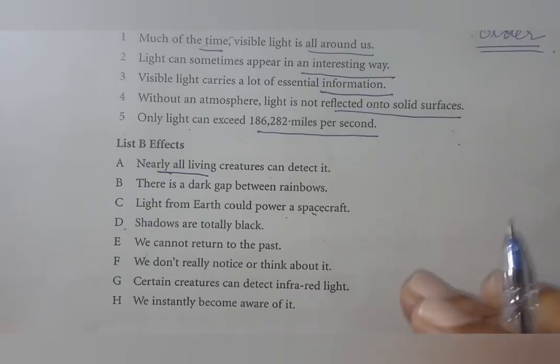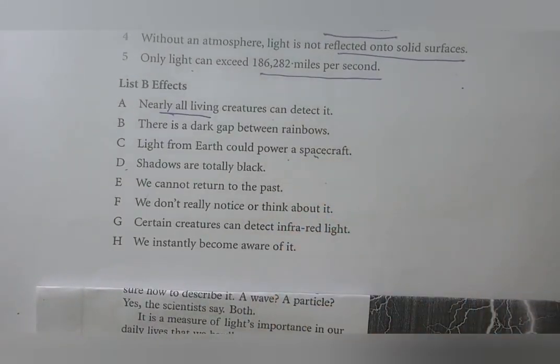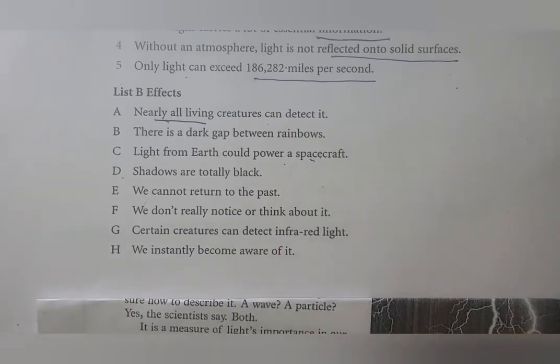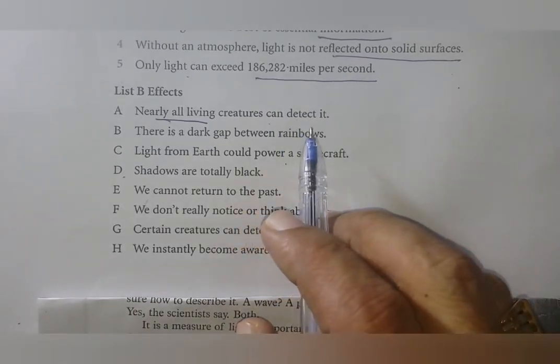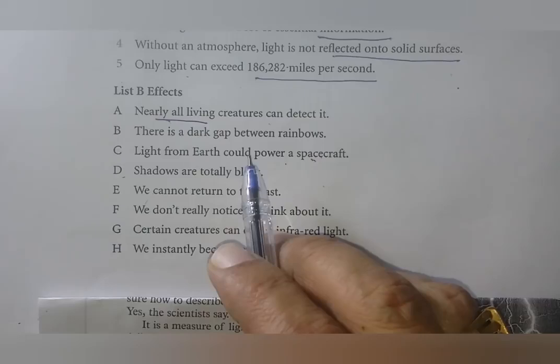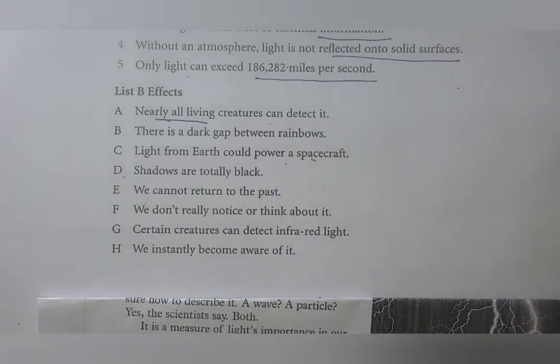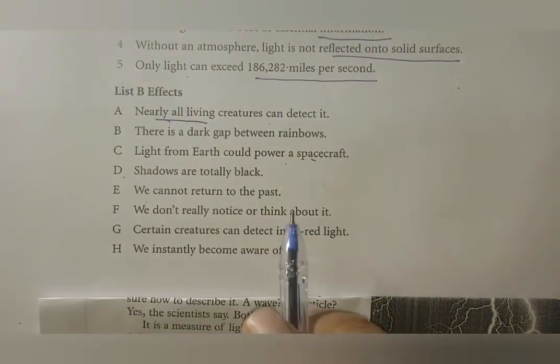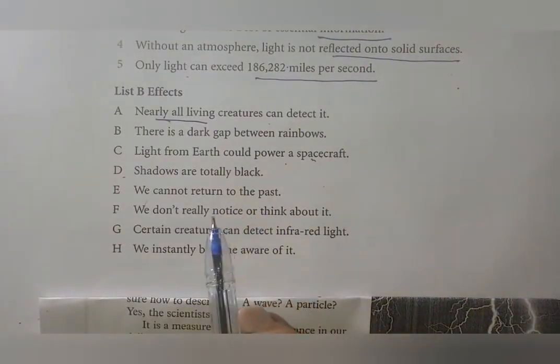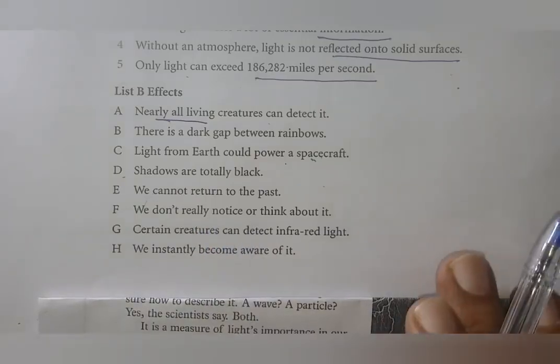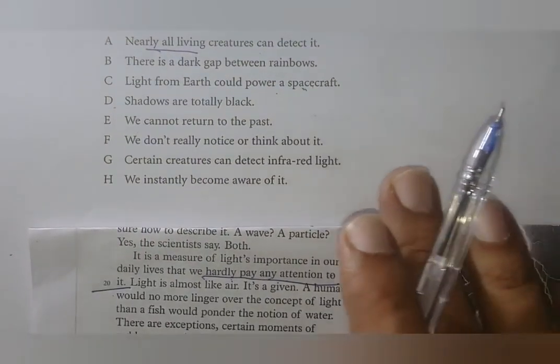So check. Fine, this is the effect here. You can check: nearly all living creatures can detect this. There is a dark gap between rainbows. Light from Earth could power, no. We cannot return to the past. We don't really notice or think about it. Break here.